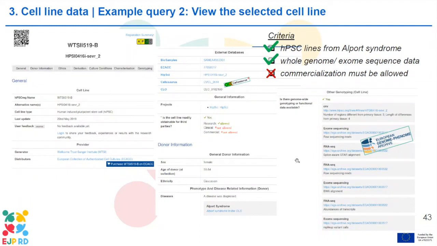So what have we found out? There are some lines from Alport syndrome, 19 of them. At least some of them have exome sequencing data. However, commercialization is not allowed.